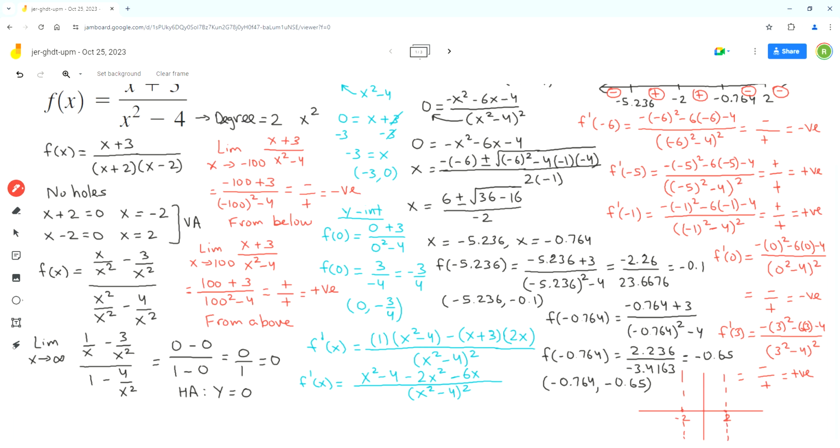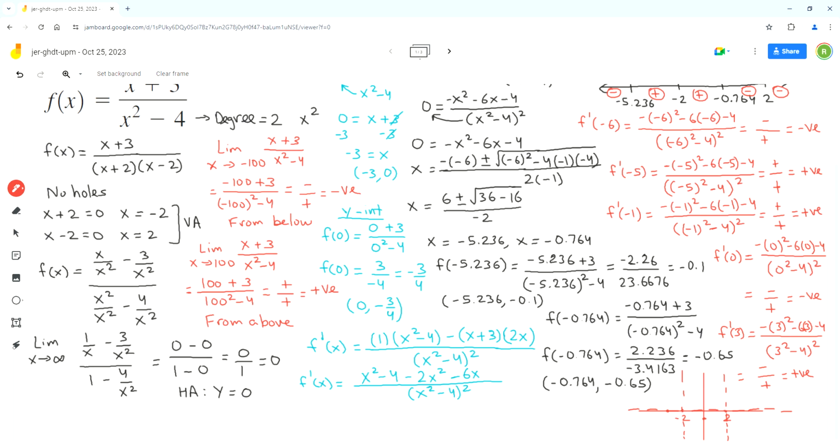And the horizontal asymptote is at y equals 0. Now we can show the x-intercept. So the x-intercept is at negative 3, so somewhere here. And the y-intercept is 0, negative 3/4, which is negative 0.75, so somewhere here.